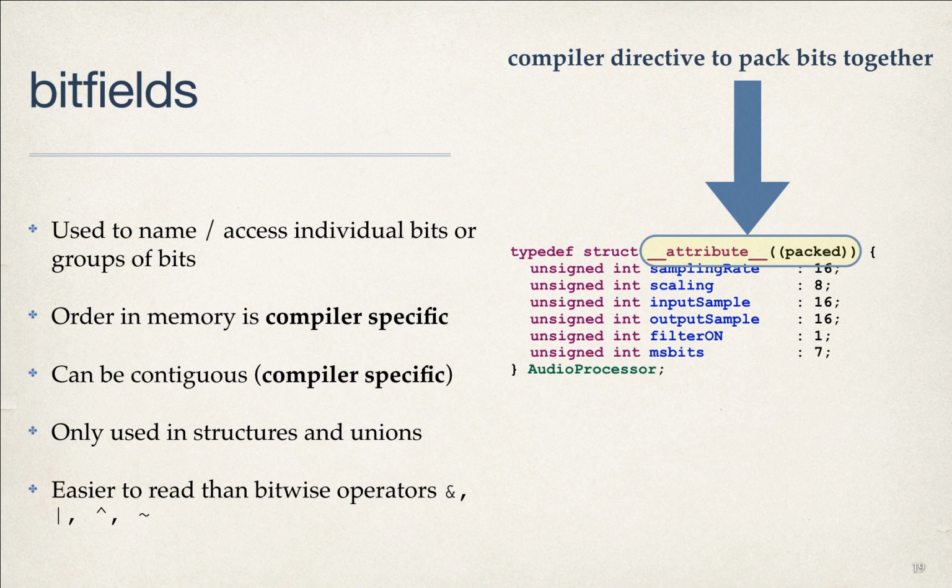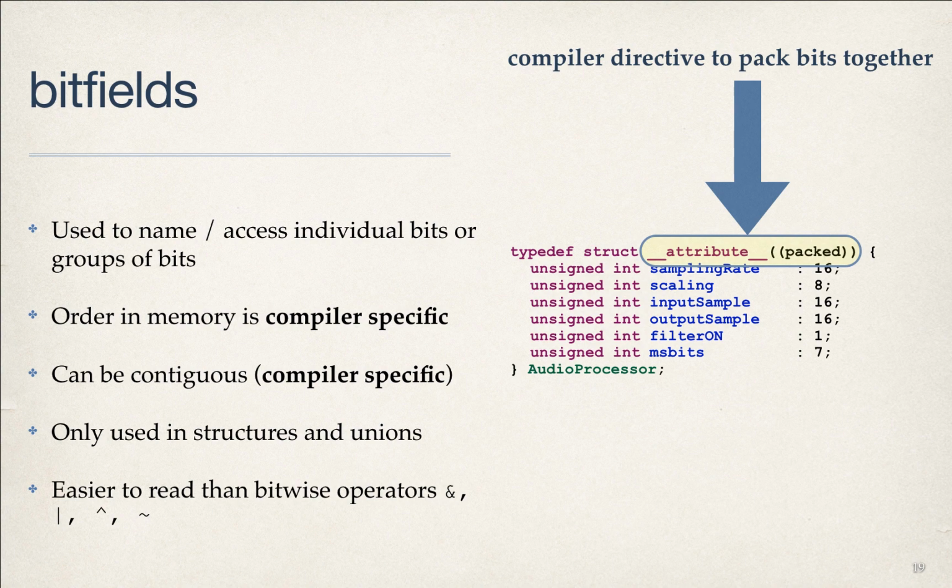And that's interesting when we get to, say, scaling, which is an 8-bit number. Now notice I haven't used an unsigned char, and the recommendation is you don't. The general rule is stick to integers, unsigned integers, and then specify the number of bits afterwards. You could have an unsigned long, that would be okay.